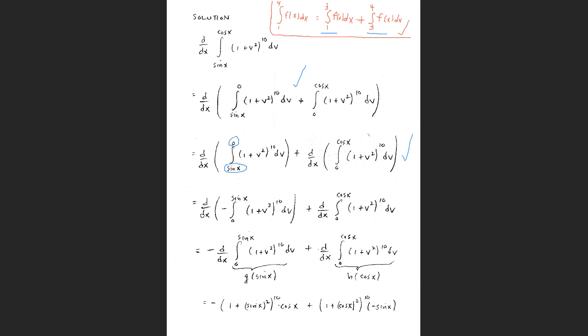If using the fundamental theorem of calculus, even with the chain rule, I'm used to having my function of x on top and my constant on the bottom. And so using the properties of integrals, if I want to switch the limits in this first integral, I just switch the limits but introduce a negative in front of the integral. How many remember that property?